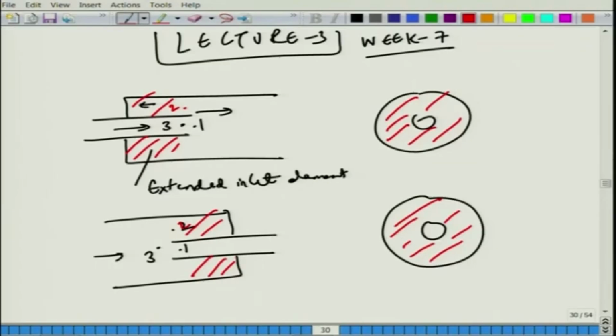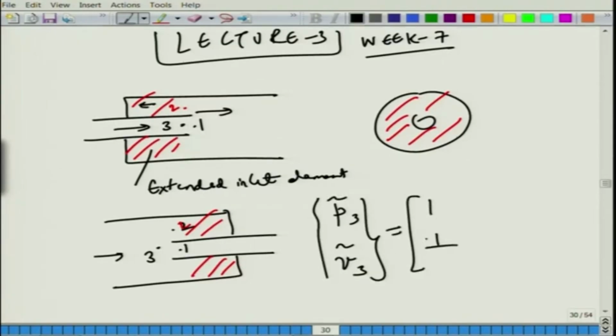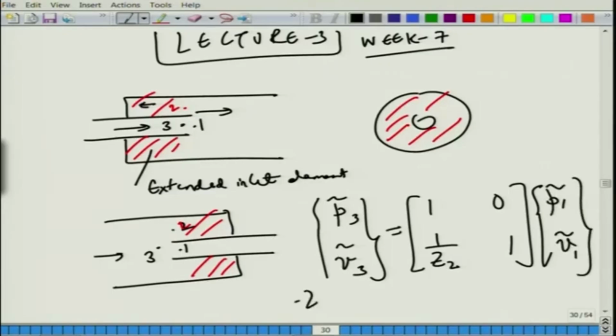So the transfer matrix, whether for 3 to 1 or 1 to 3, is pretty straightforward, with P3, V3 as the classical state variables: the matrix is 1, 0, 1 by Z2, 1, multiplying P1, V1.